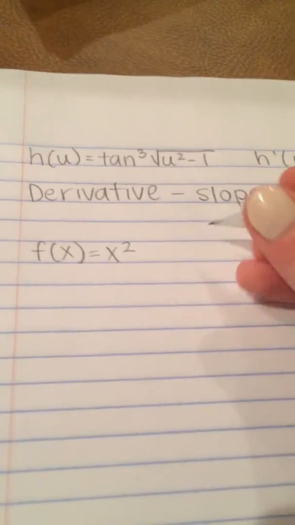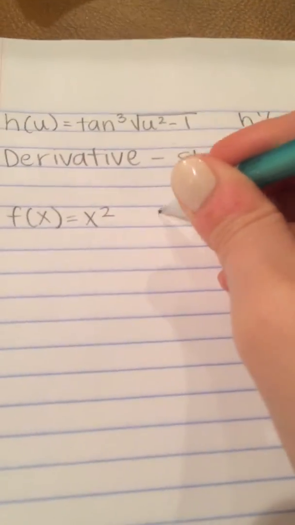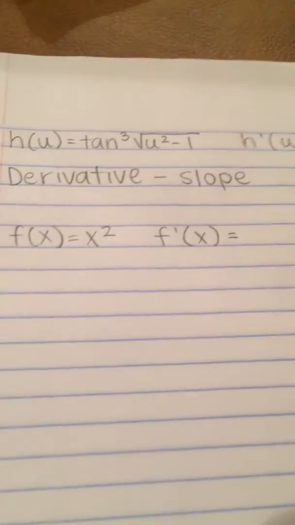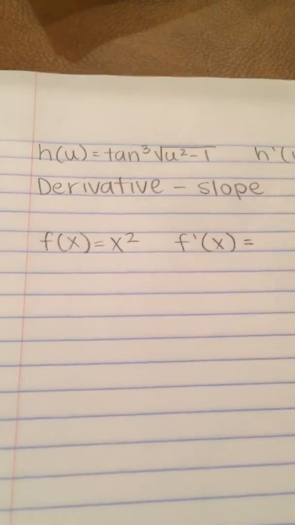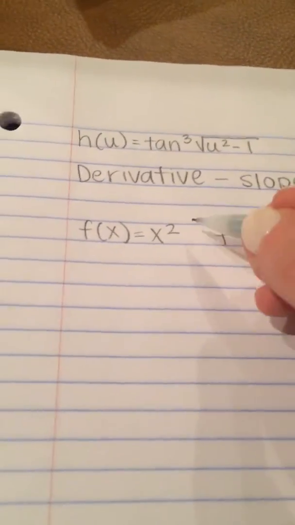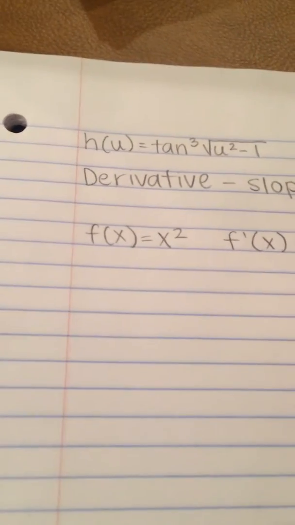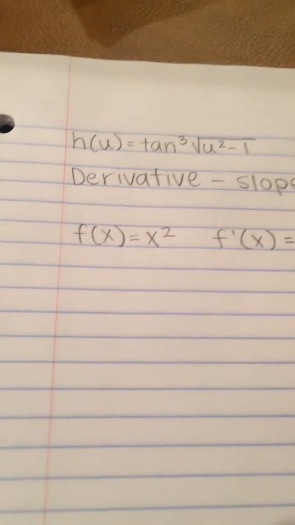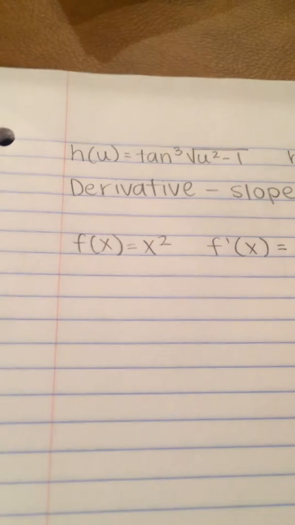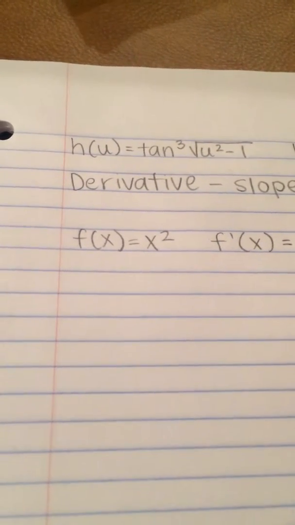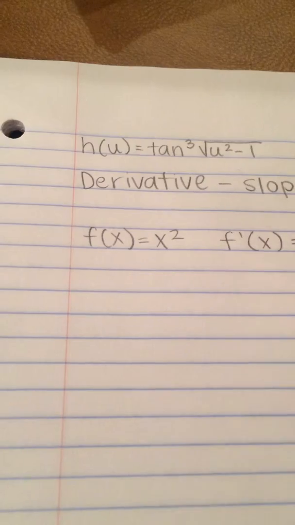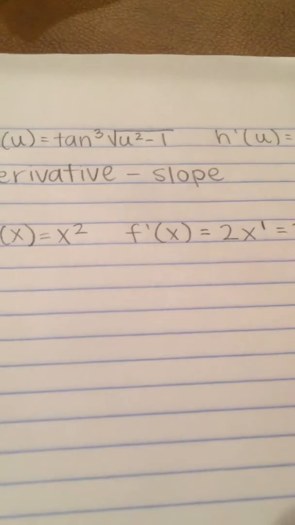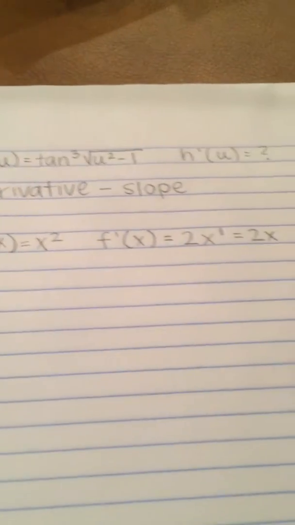To take the derivative of this, you first do f prime of x and you set it equal to, okay, so in order to take the derivative, you take the power and you bring it out in front, and then you subtract the exponent on the variable by 1. So x squared becomes 2x to the first, or more simply, 2x. So there you have it.